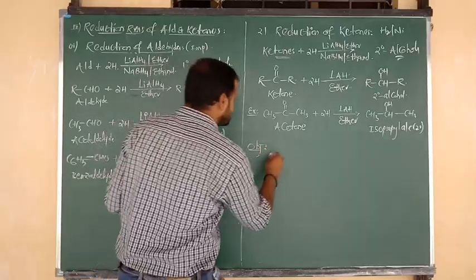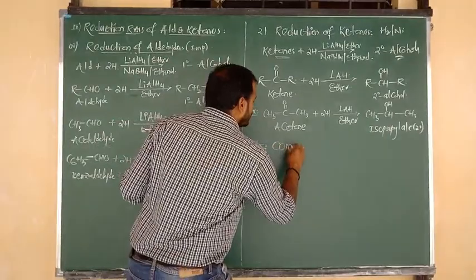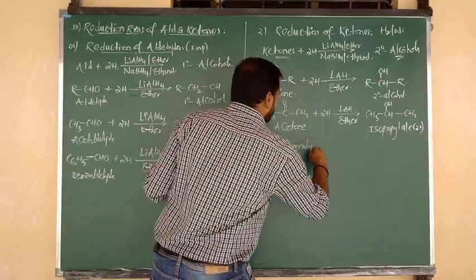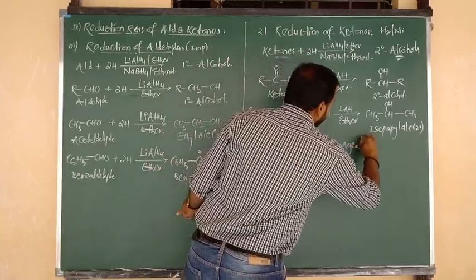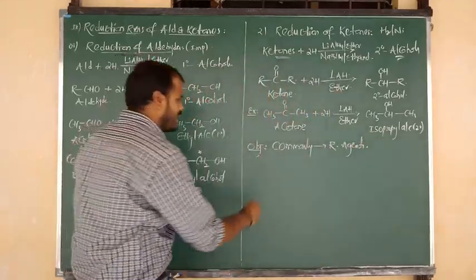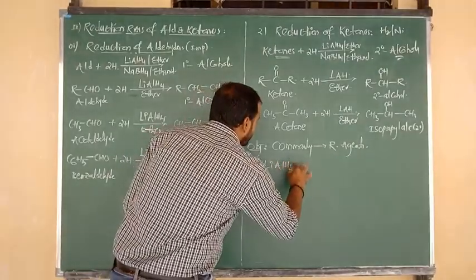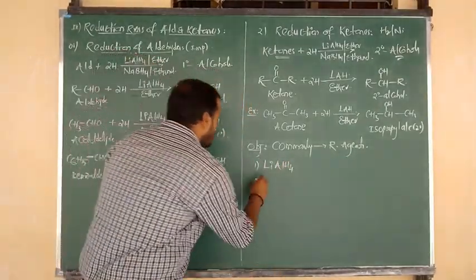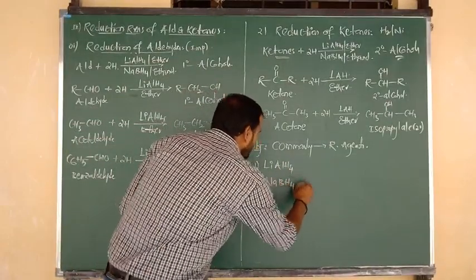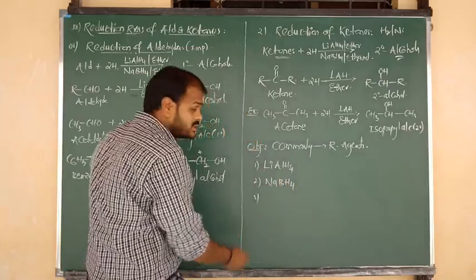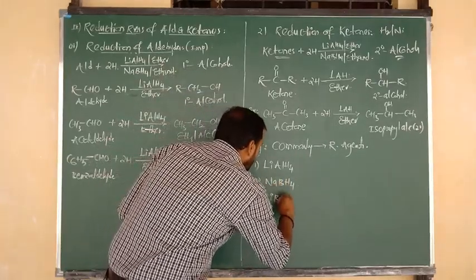The information is about commonly used reducing agents. Yes, we can use lithium aluminium hydride in presence of ether, sodium borohydride in presence of ethanol, and also we can use lithium borohydride, formula LiBH4.